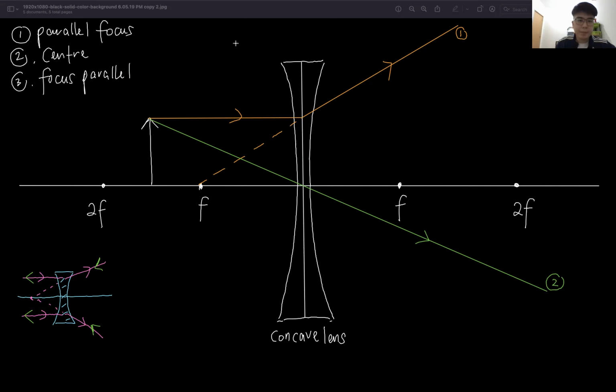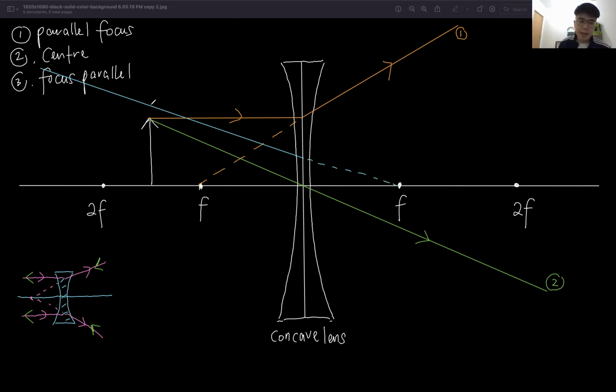This one. Just a bit, because I'm not drawing according to scale. So if you draw according to scale, you should get a better looking diagram.